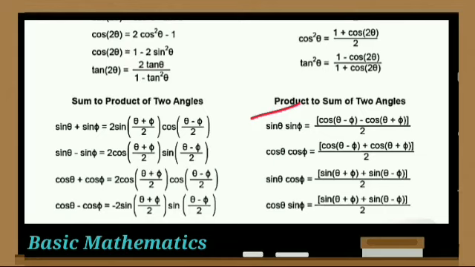As we move forward, in product to sum of two angles, we multiply two different functions to each other, and these have different formulas, so you have to learn all these formulas. It is mandatory for you to learn these formulas, to prepare some concept about it and practice it.